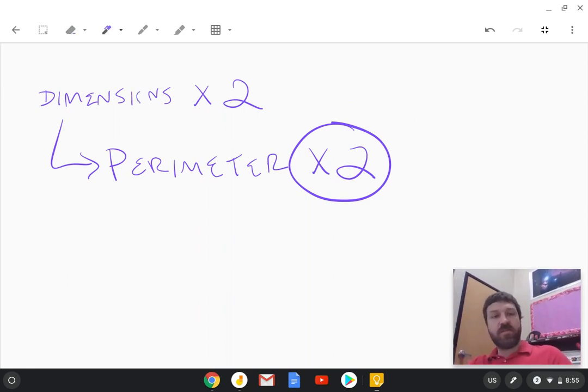It's just the lengths. And perimeter is also one-dimensional.